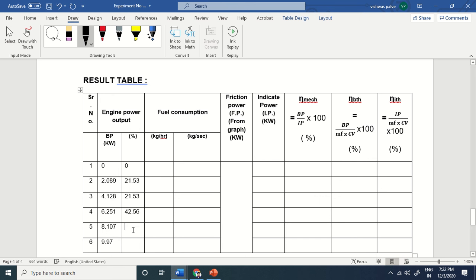Sorry, this one is our 42.56, 64.43. This value is 83.57, and the final value will be somewhat greater than 100, but we have to write it as 100.